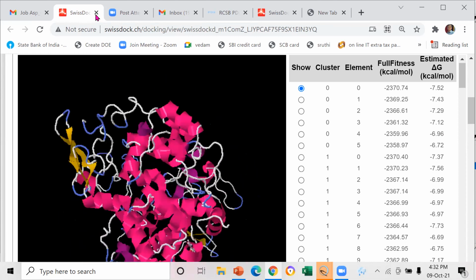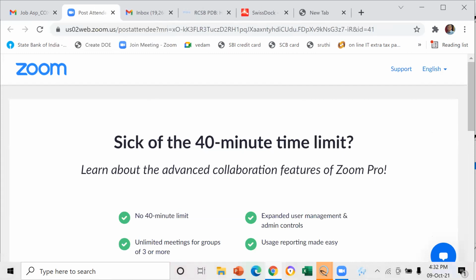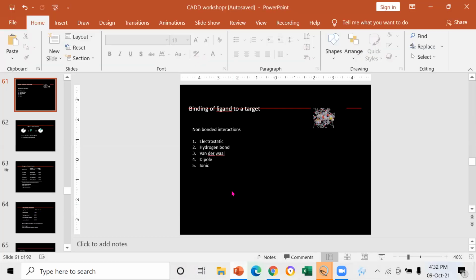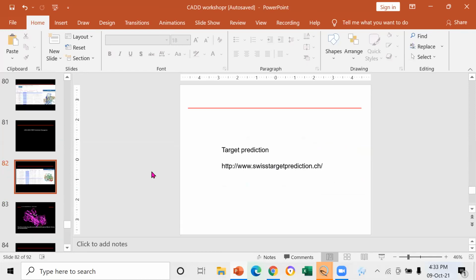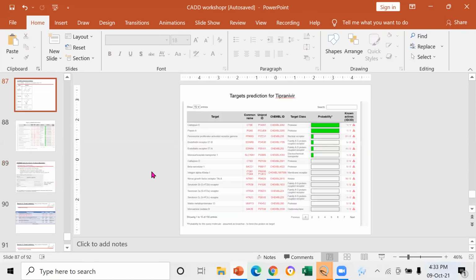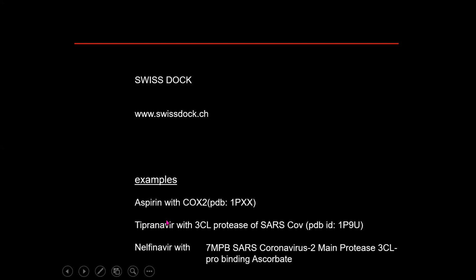I also did 2 more problems. Tripinavir, it's an antiviral drug. And as you know, proteases are enzymes which are involved in the replication process in SARS.